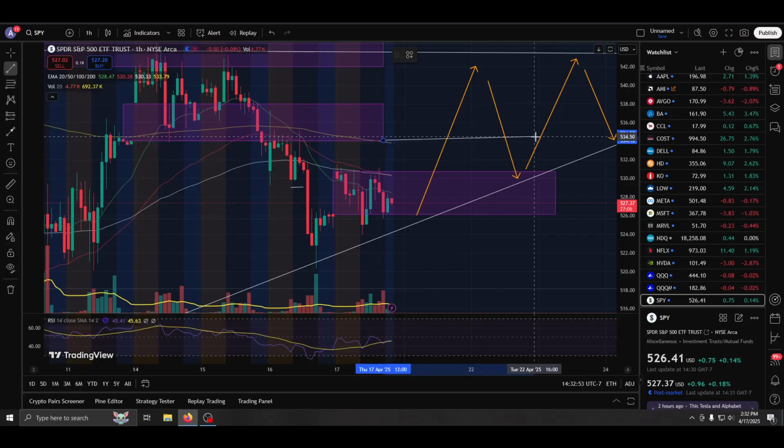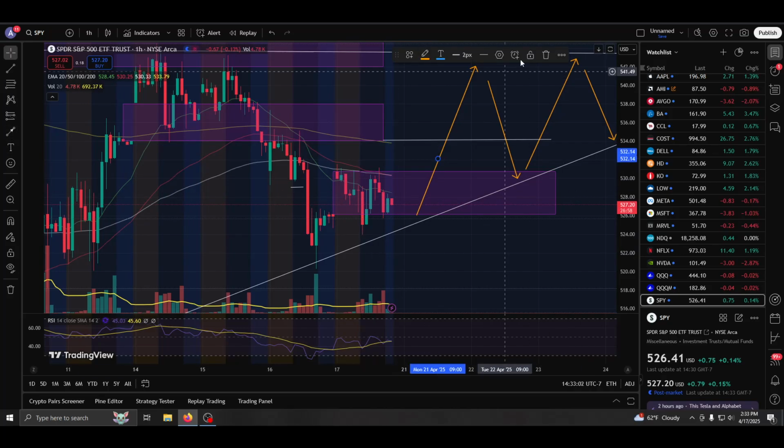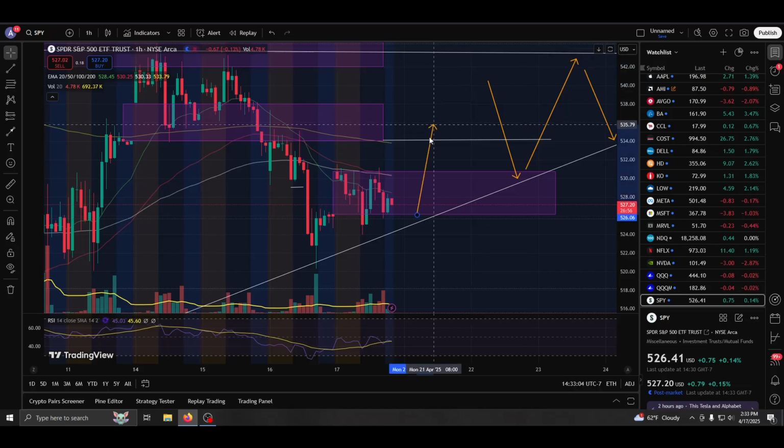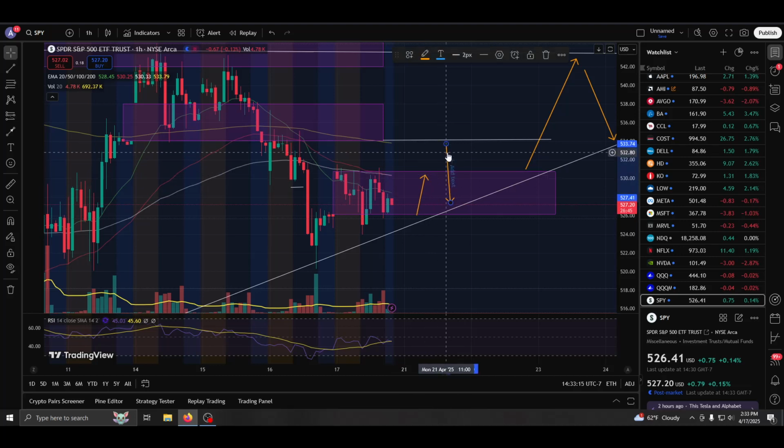We're either going to reject here, or we're going to reject here. So I expect in just the next few coming days, we're going to see price action kind of move more so like this in small scale picture. Okay, or even like this, smaller scale picture.